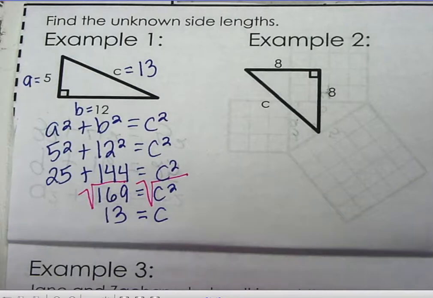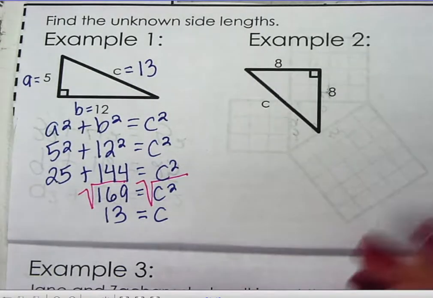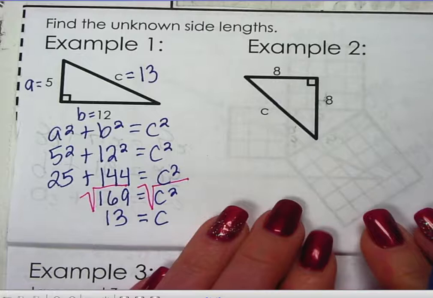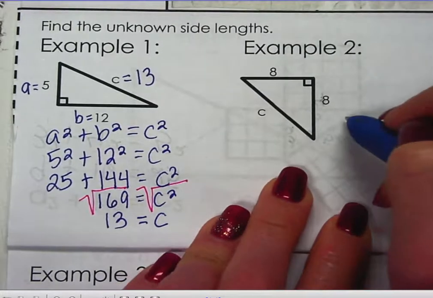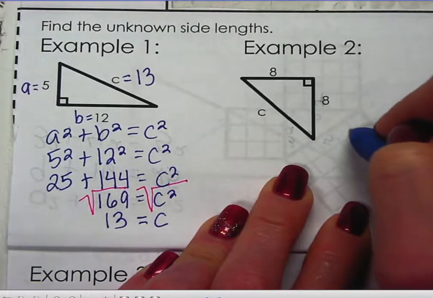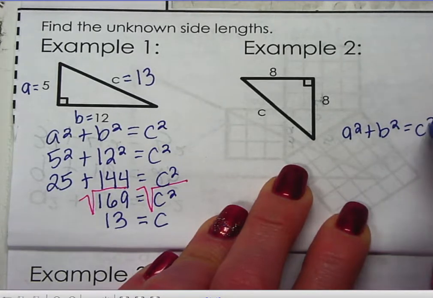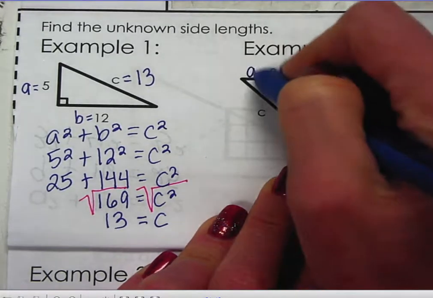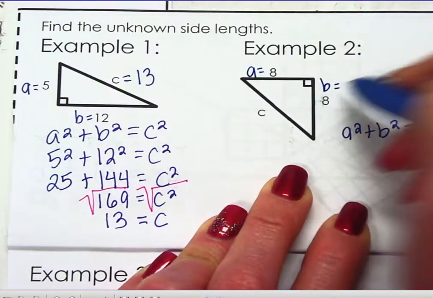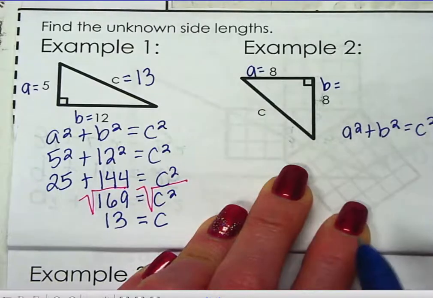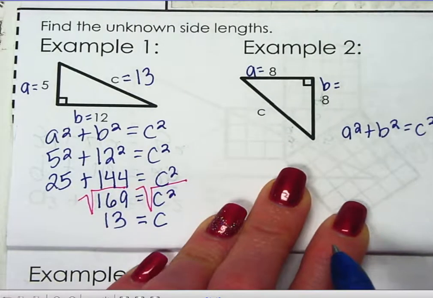All right, let's go ahead and try example number 2. Same thing, we're going to start with our Pythagorean theorem. We're always going to write it down. So our Pythagorean theorem is a squared plus b squared equals c squared. a and b are both 8, and then c we don't know yet. We're going to have to use the theorem to find it.